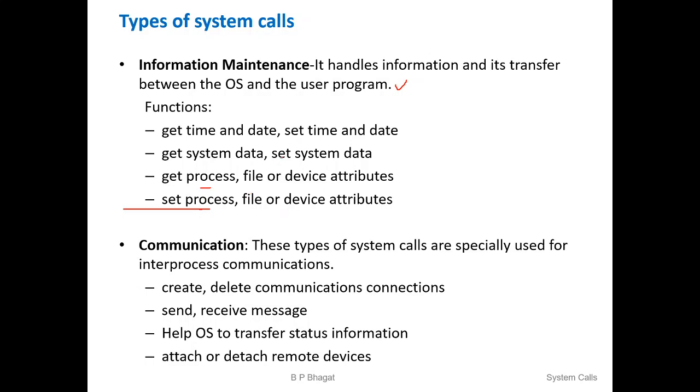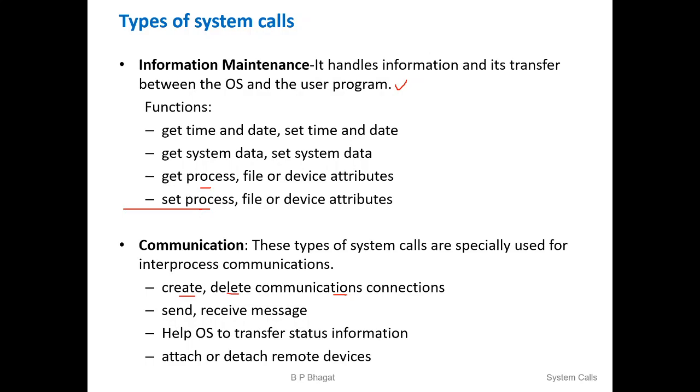Then the last type of system call comes under communication, used for inter-process communication. In order to do communication between processes available on the same PC or between processes available on different systems, we need to first create or delete the communication connection.